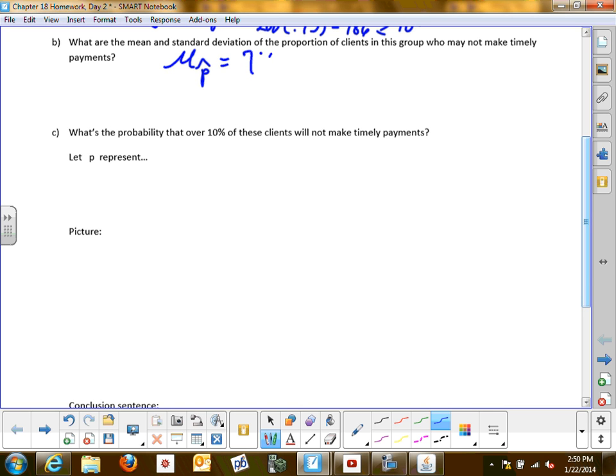And the standard deviation for the sampling distribution is the square root of pq over n, which is 0.01804, or 1.804%.